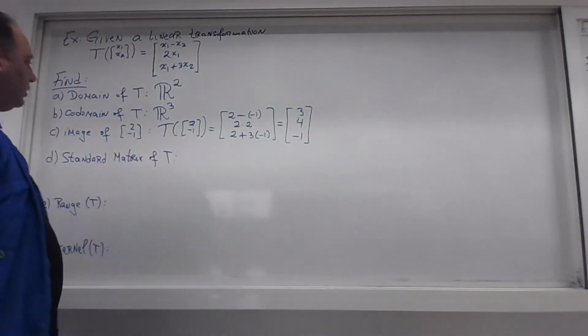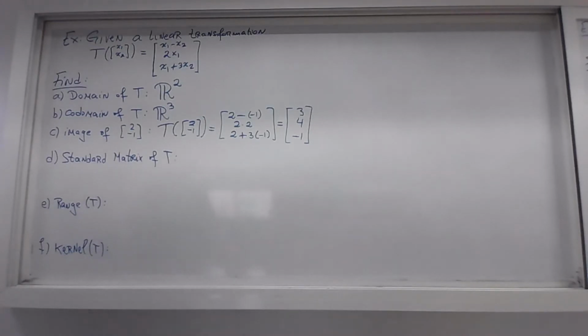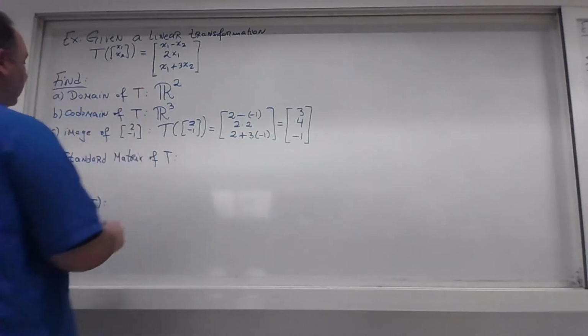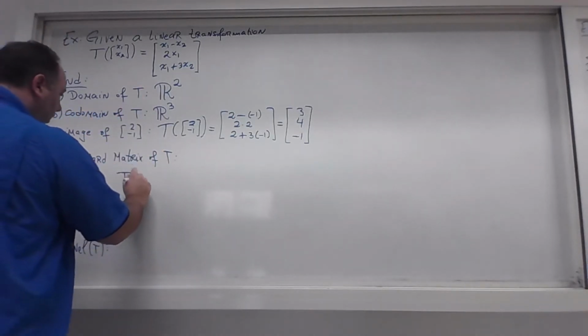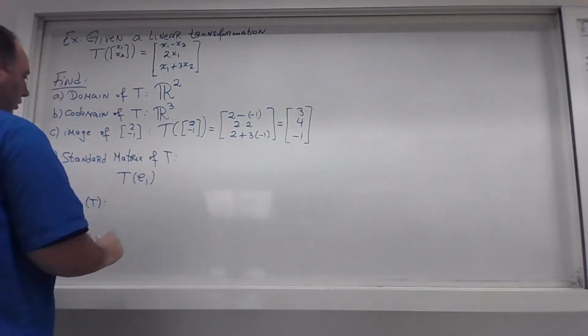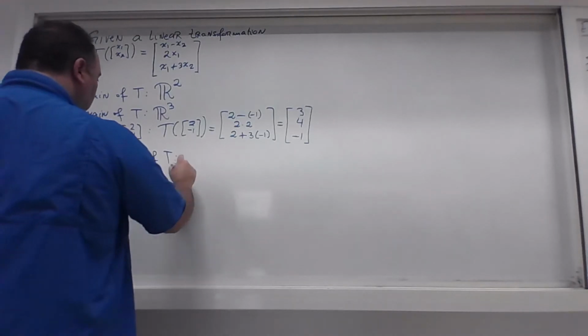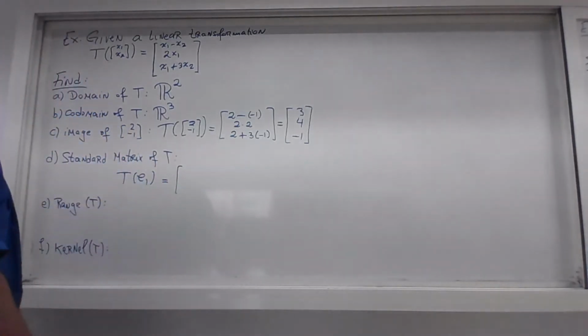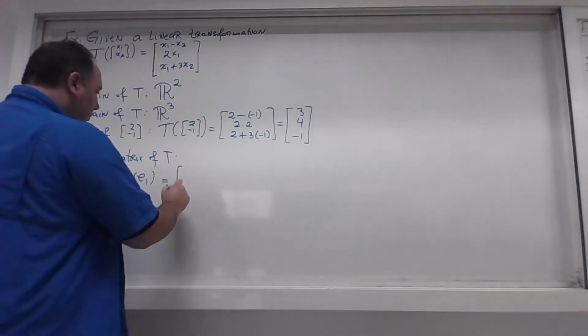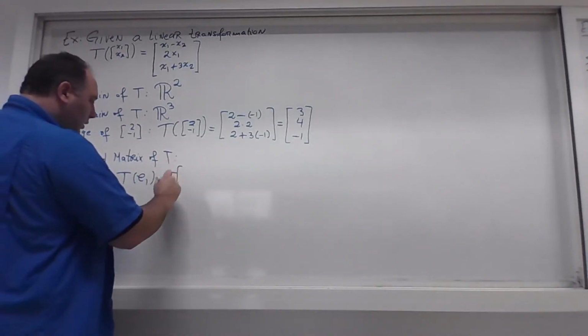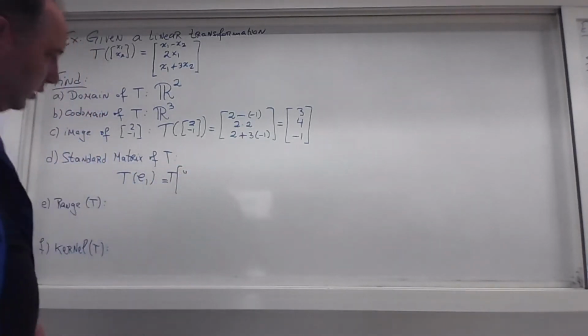What's the standard matrix associated with the linear transformation T? Well, that's easy. To get the columns of the standard matrix, we need to apply T to E1. So E1 is 1, 0. So let's say T of 1, 0.